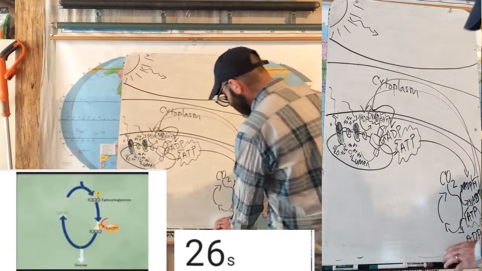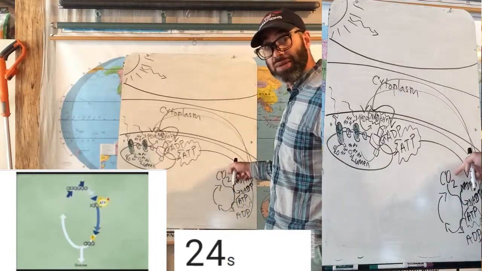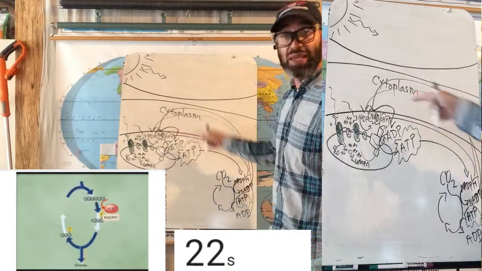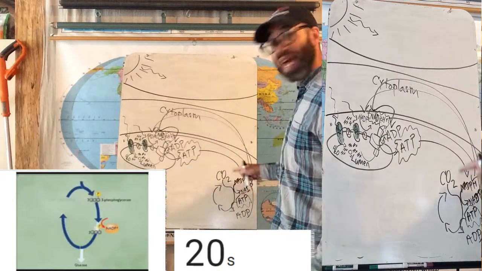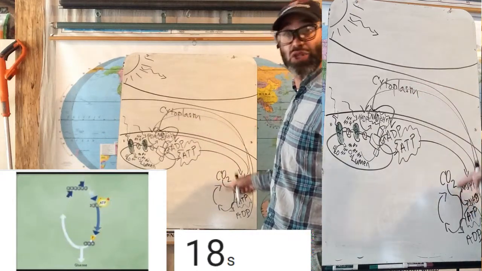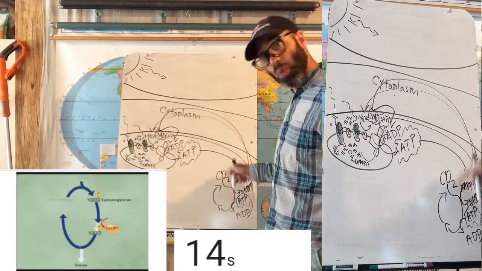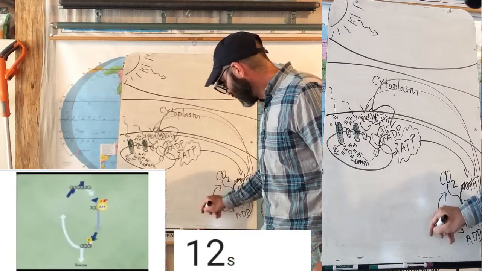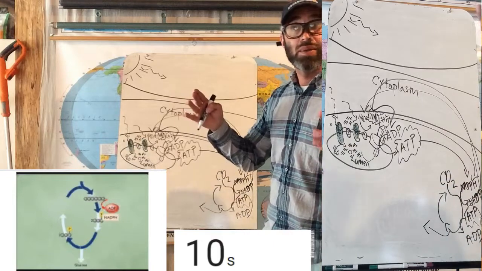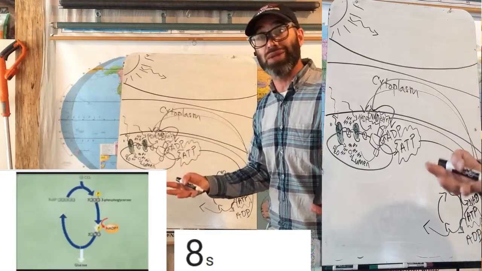What ends up happening from this carbon dioxide and the use of these energy molecules, the Calvin cycle is a beautiful process. It's incredible. I'm not going into the specifics. What you end up with is a 3-carbon molecule at the end.